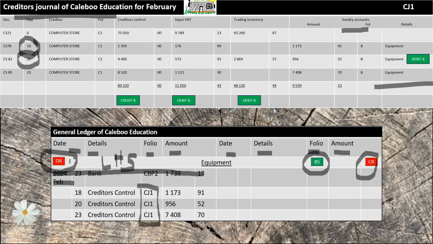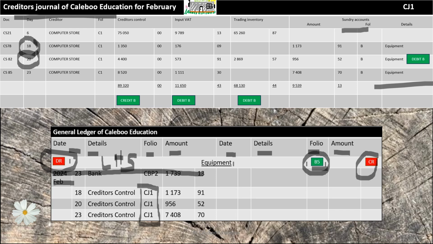Equipment is balance sheet account number 5, or you might know it as position, financial position, but it used to be called, statement of financial position is the new name for a balance sheet, but my references still refer to equipment as a balance sheet account, so it is B5.